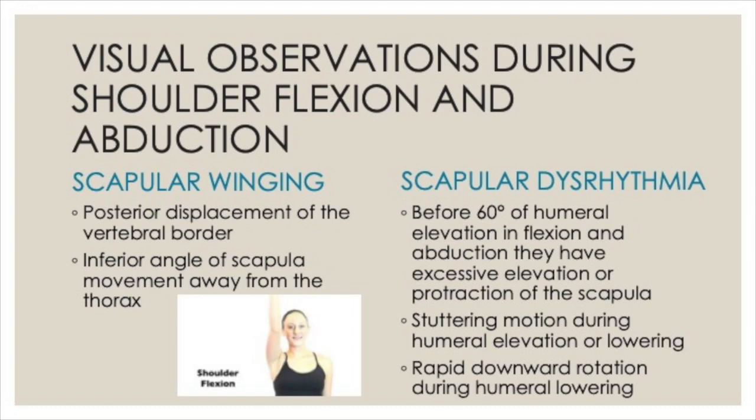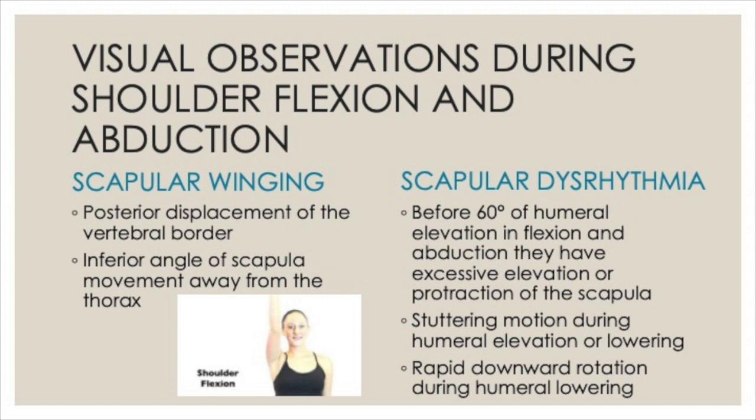As you are observing the active motion that they are going through, you are looking for 2 things: scapular winging and scapular dysrhythmia. To look for scapular winging, watch the posterior vertebral border of the scapula being displaced. Another thing to watch for is the inferior angle of the scapula movement away from the thorax.